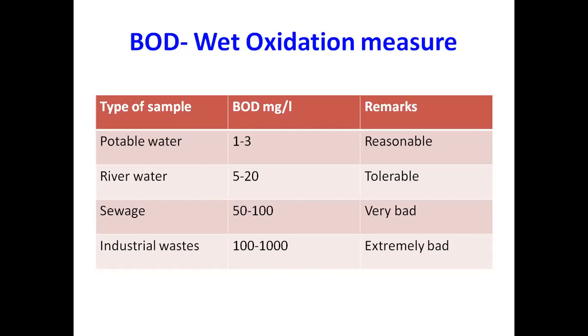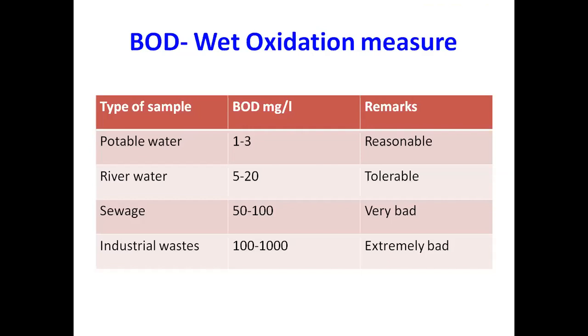No problem. Organic matter can be converted into stable products in the potable water and in river water. But for microbacteria, it will be very difficult to convert this organic matter into stable products where the water source is sewage, or the water has impurities directly coming from industrial wastes.